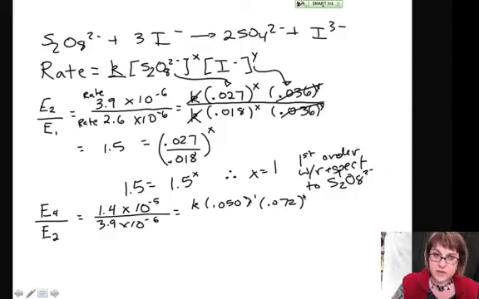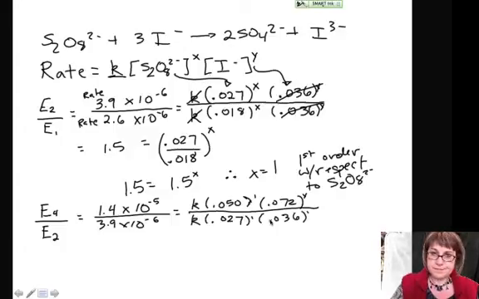So I just put in the concentration of iodide raised to the y power. Now let's write the rate law for experiment 2. So we know constant K is there, and thiosulfate is raised to the first power, and then iodide is raised to the y power because we don't know what that number is yet.